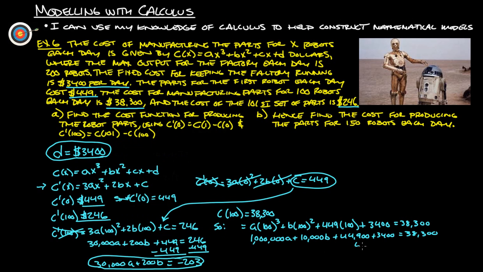So this here is simply 48,300, which we're going to want to subtract from both sides, to get rid of that from over here.